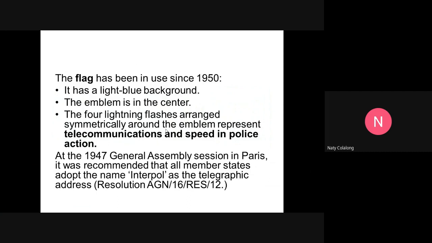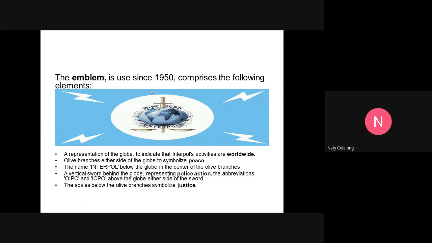So the flag has been used since 1950. It has a light blue background.